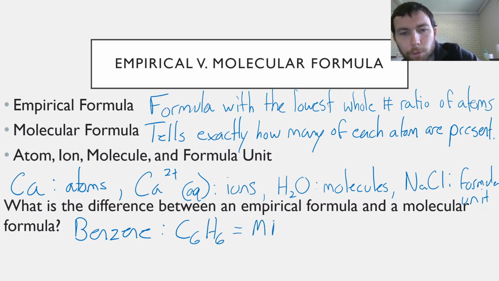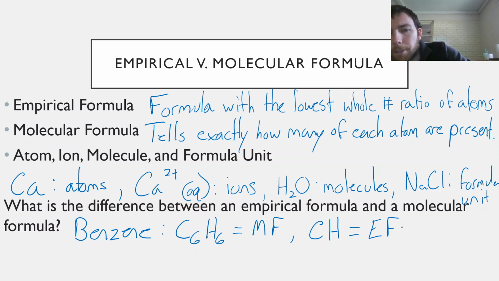But its empirical formula is not C6H6. Its empirical formula is simply CH. Again, they tell us something unique: the molecular formula tells us exactly how many atoms of each element we have, and the empirical formula tells us the ratio of those atoms.